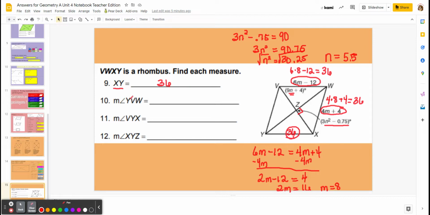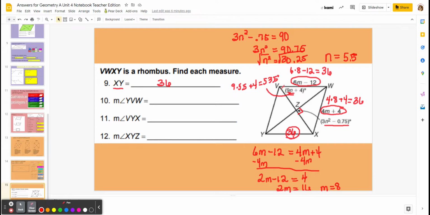We are trying to find the measure of YVW. So I can look here, if I plug this in, I put 5.5 in there, 9 times 5.5 plus 4. So 9 times 5.5 is 49.5 plus 4 is 53.5.